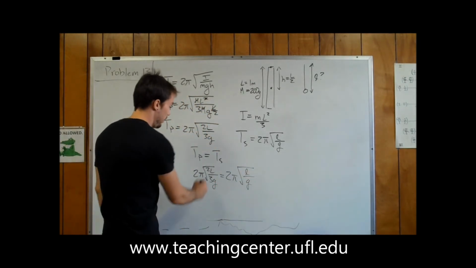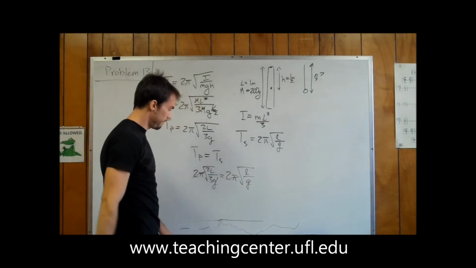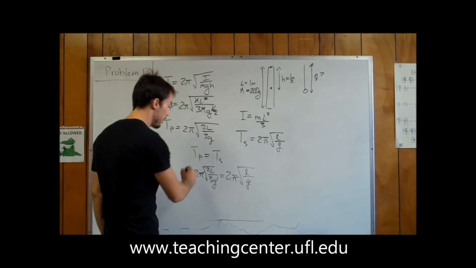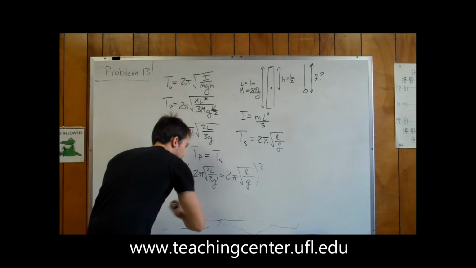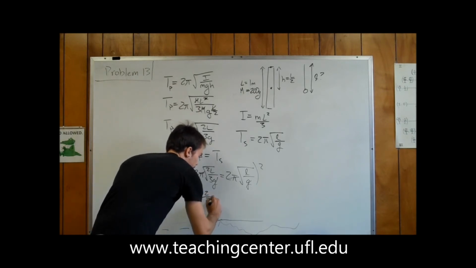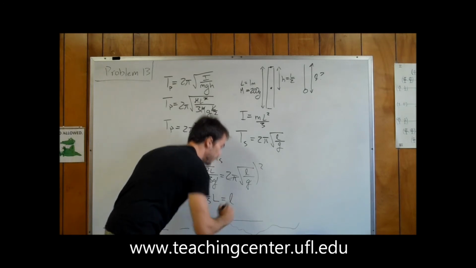From there we can cancel our 2 pi. There's a root g in both of them, and we can square the entire equation to get rid of that square root sign. What we end up with is 2/3 of L, our big L, for our physical pendulum is going to be equal to our lowercase l.